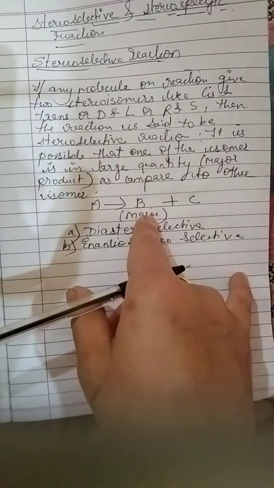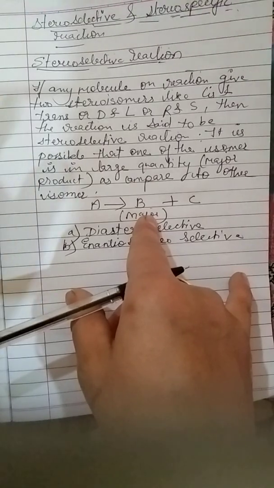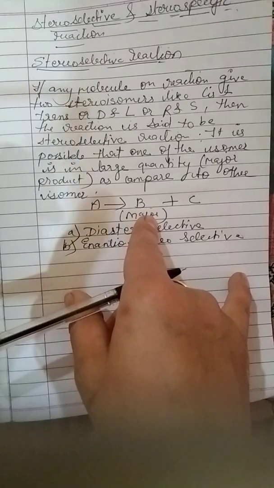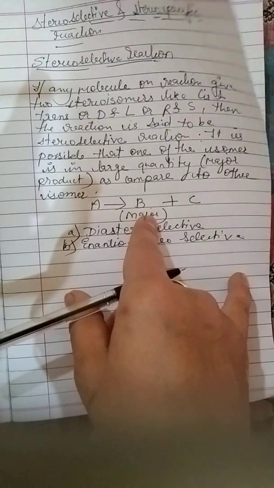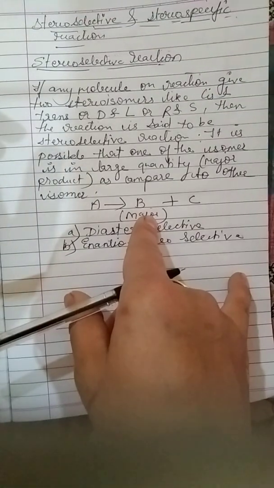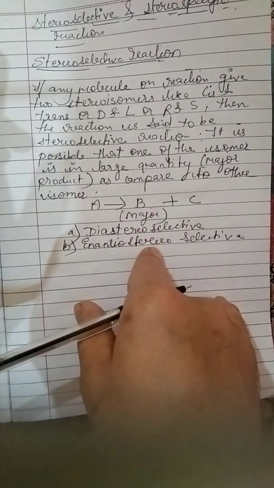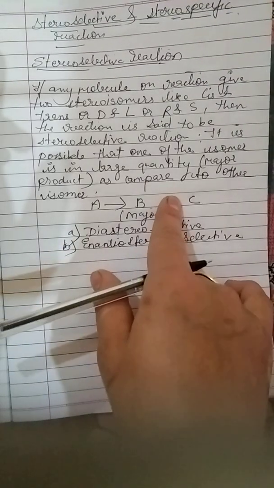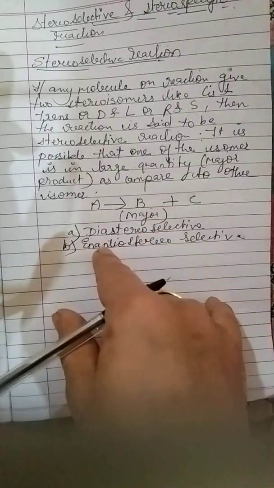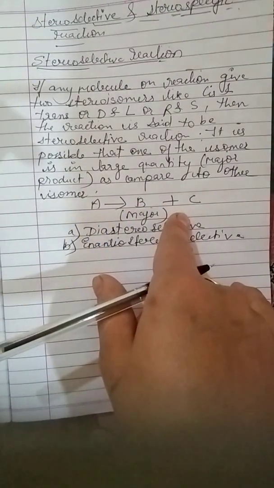Why it is so, I have explained in the previous video also, and in many videos I told you why cis and trans are both called diastereomers, because they both have the same formula and different structure. And in the case of enantioselective reaction, the products formed will be enantiomers.